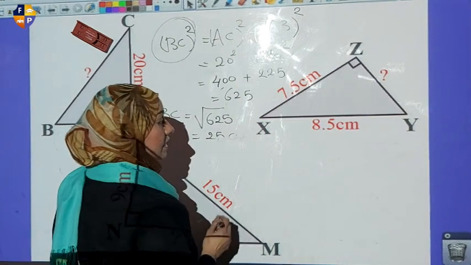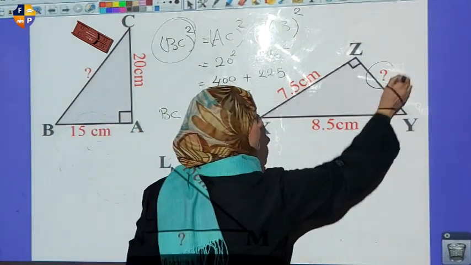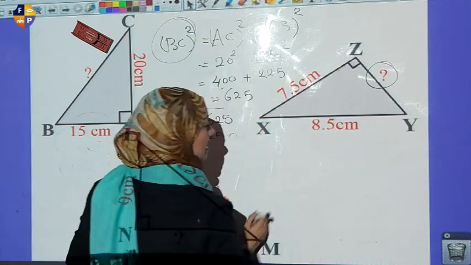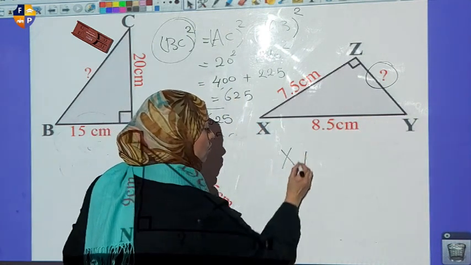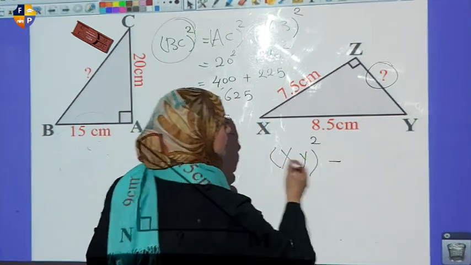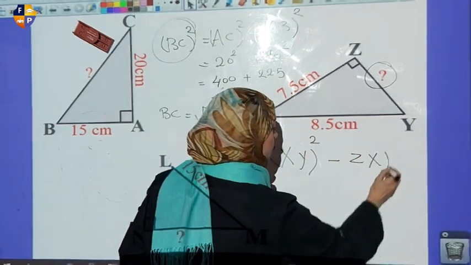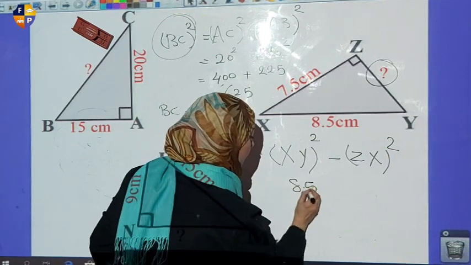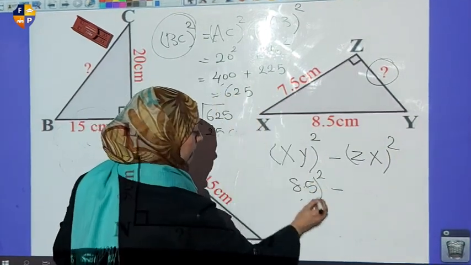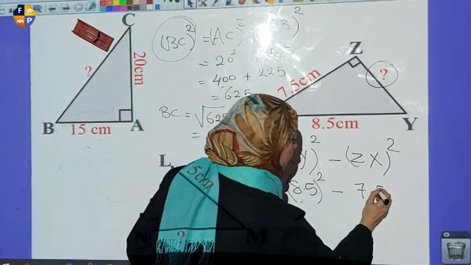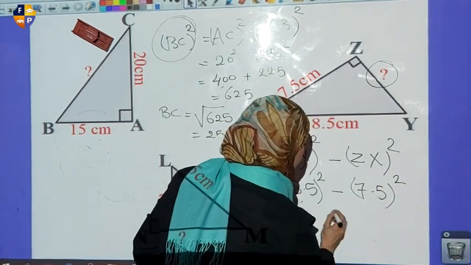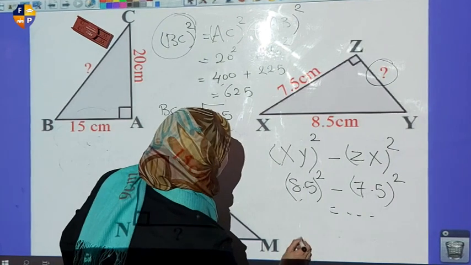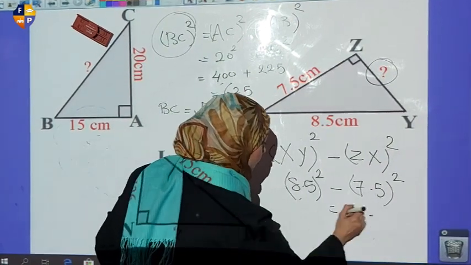You will use the calculator and obtain the result immediately. I want here the length of ZY, so I will use the hypotenuse square, XY square, minus ZX square, equals here 8.5 square minus 7.5 square, and you will obtain the answer after you put the result under the root.